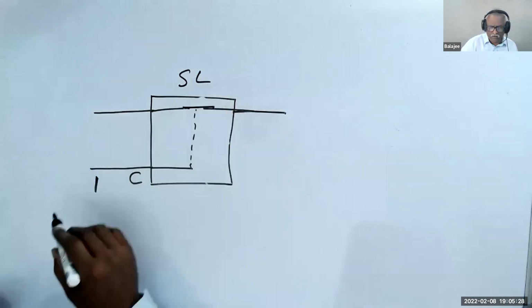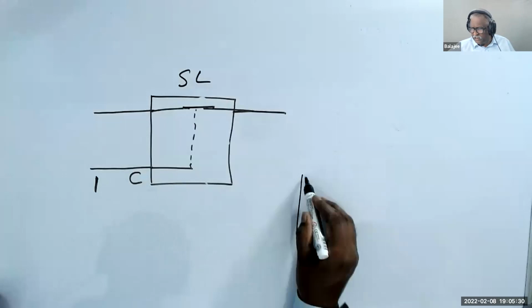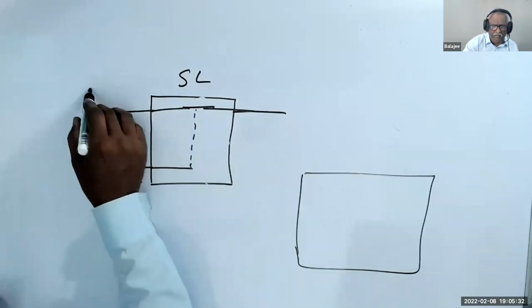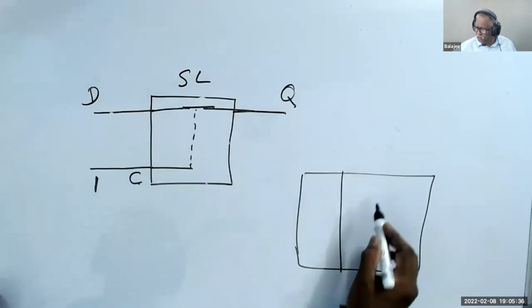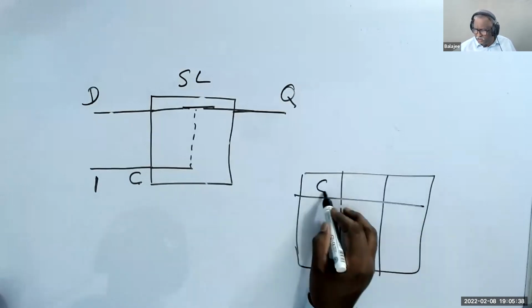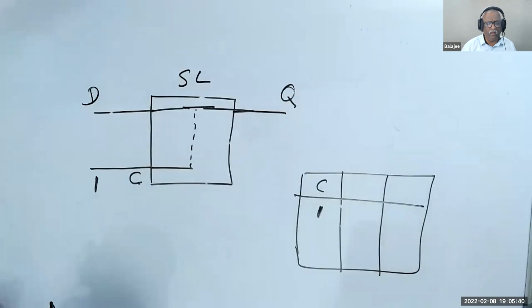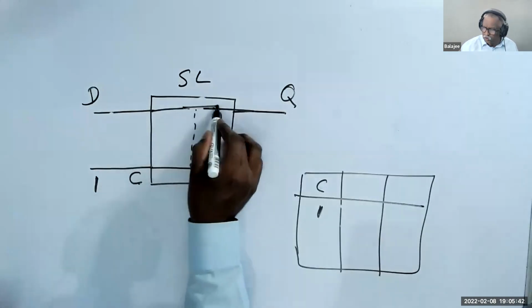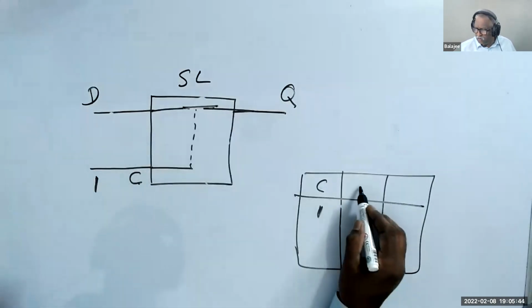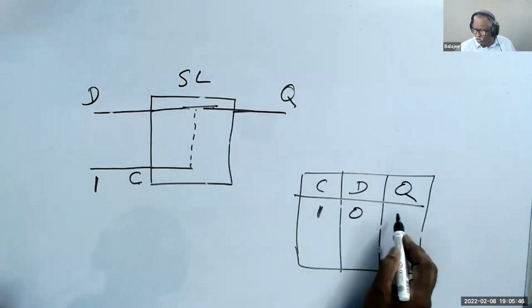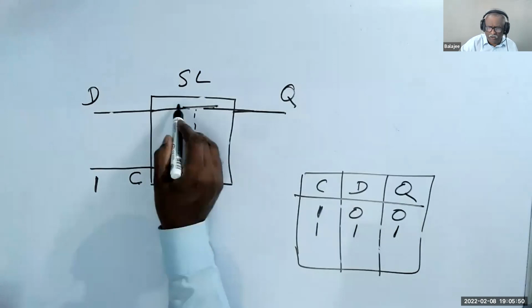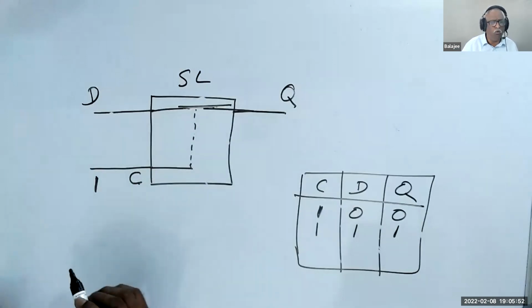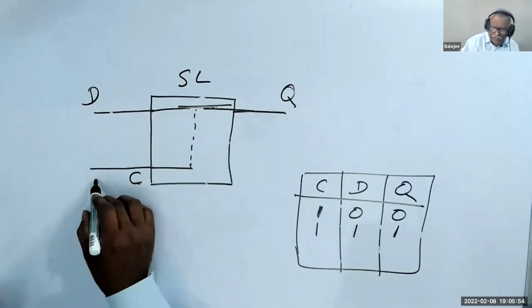Let me call the input D, the output Q, and the control C. If C is 1, the switch is on. So D is 0 means Q is 0. D is 1 means Q is 1, because the switch is on.